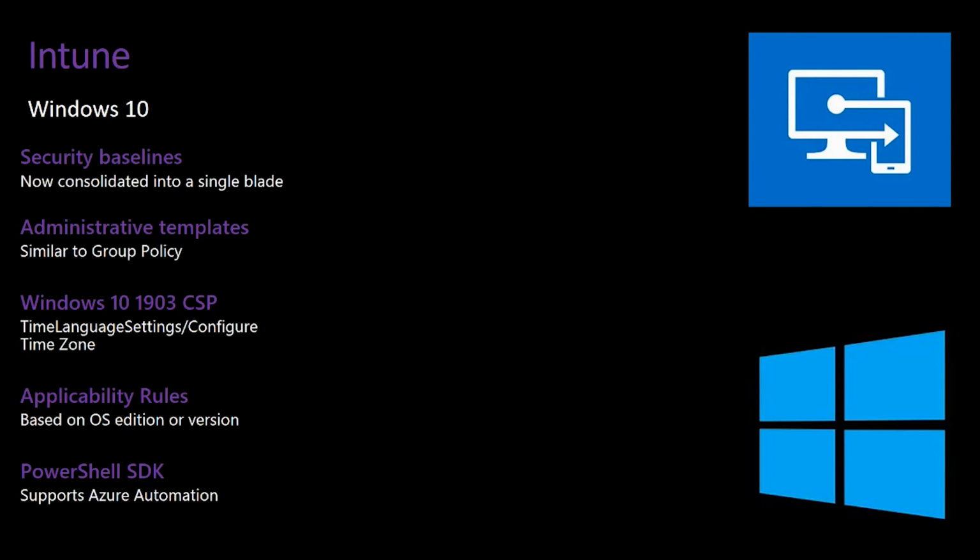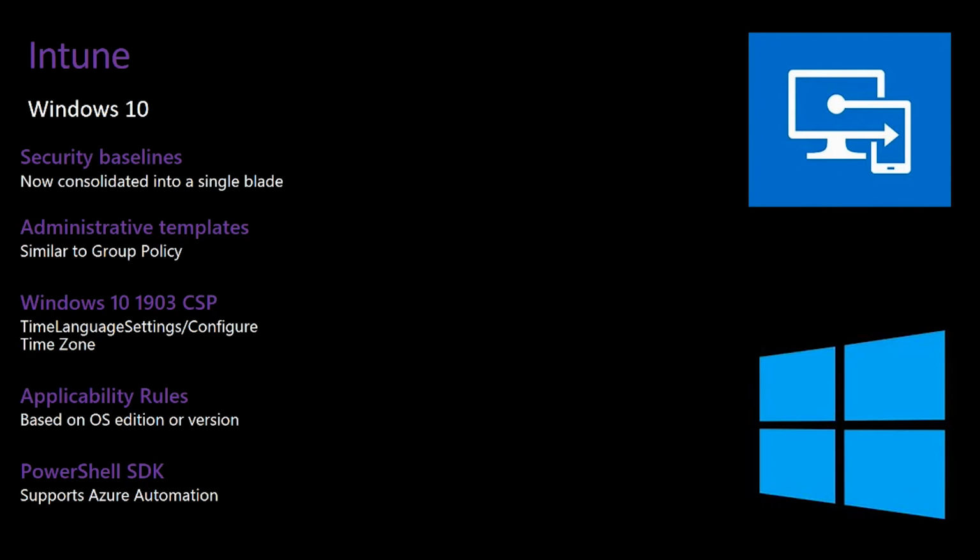So also, just to announce, with Windows 10 1903, some new CSPs are available. So just a quick brief overview. Configuration Service Provider is an interface in which you can amend configurations on a Windows 10 device. And each version of Windows 10 will introduce a new set.